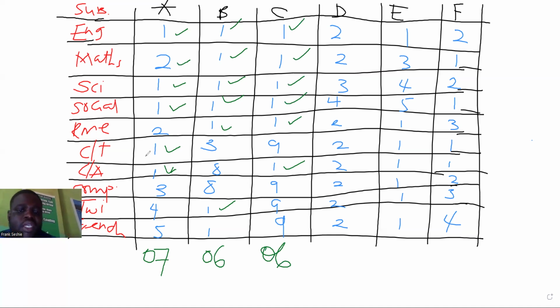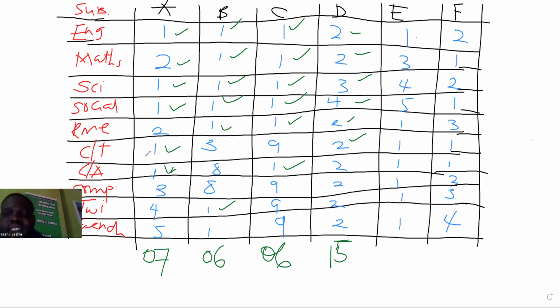If you come to candidate D, English, Maths, Science, Social: 2 plus 2, 4 plus 3, 7 plus 4, 11. Out of the electives, the best is any 2 because they all have grade 2. So I select that: 11 plus 2, 13 plus 2, 15. So candidate D's aggregate score is 15.